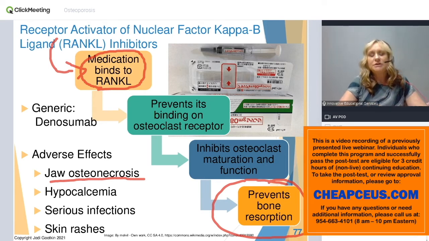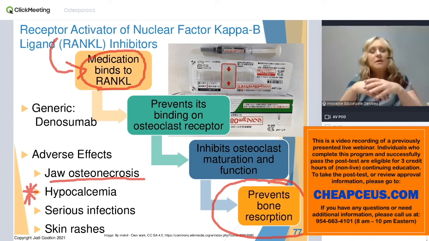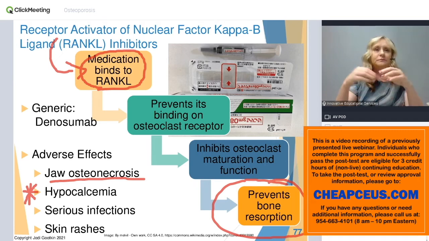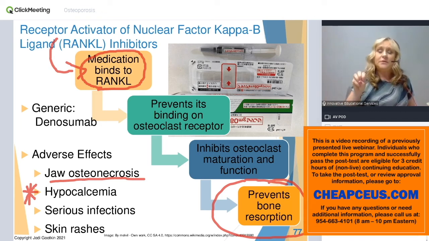Another complication we have to monitor patients for, particularly with the RANKL inhibitors, is hypocalcemia, low calcium in the blood. For some reason, this tends to occur more with the RANKLs. If someone has another condition, gastrointestinal, for example, where they're not getting enough calcium into their bloodstream, that pathway of the parathyroid hormone wants to go grab it from the bone.